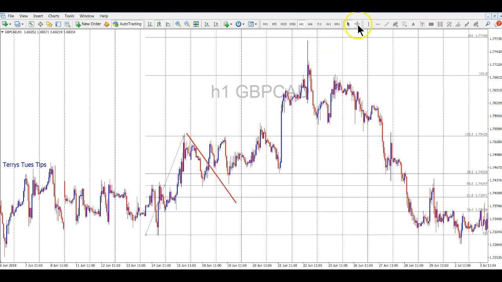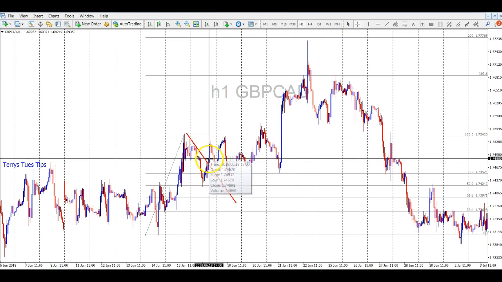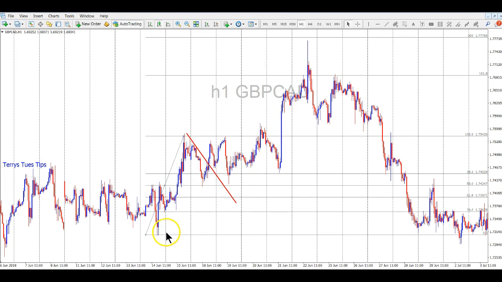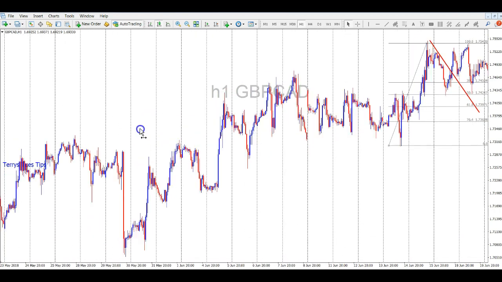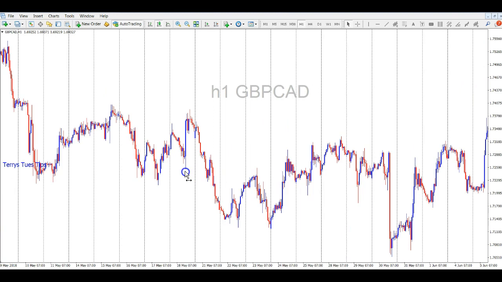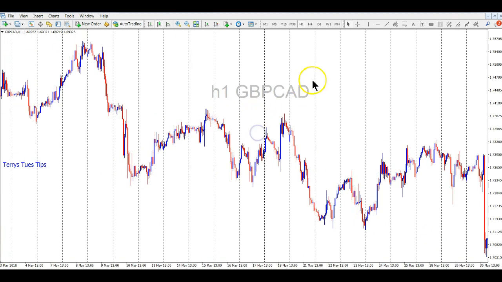Entry would be here. Break of that trend line. It's 197 pips in. Like I said, you could use either down or below the 0, or you can use the 50 or the 618 as your stop loss.